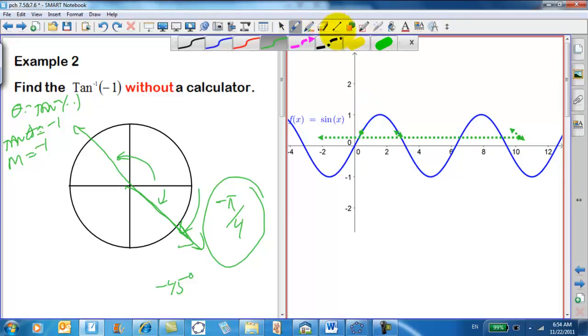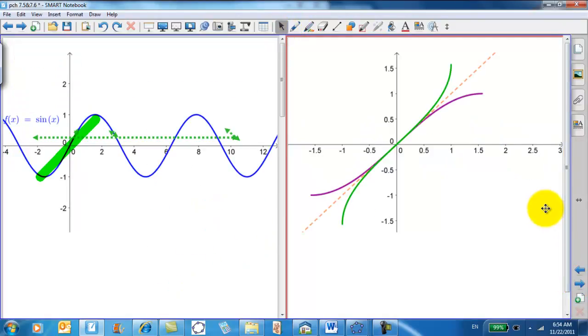So what we're going to do is, again, take a subset of the sine and go from negative pi over 2 to pi over 2. This section of the sine curve can be inverted. And that's what I did here with the purple. So in purple I've got what I call the cap sine function. So if y equals the cap sine of x, it's a subset of the sine wave that can be inverted.